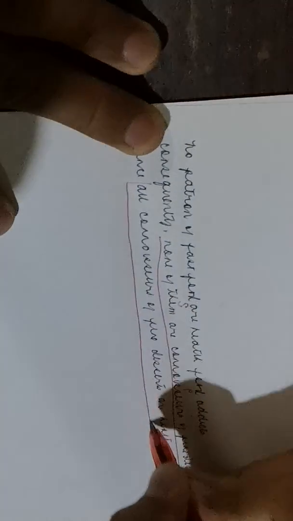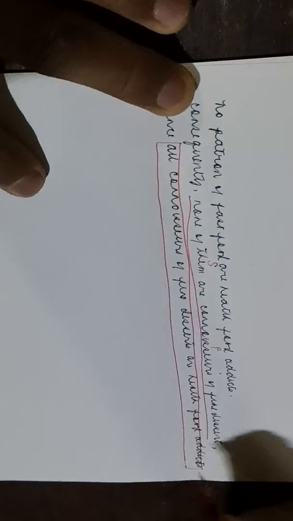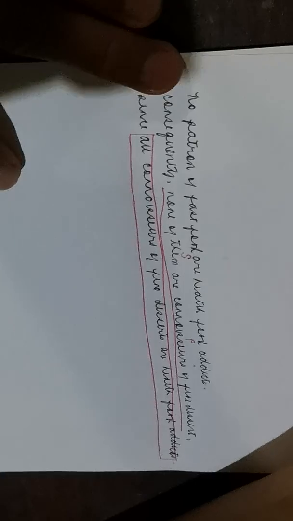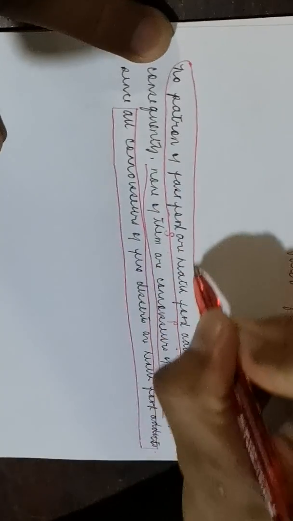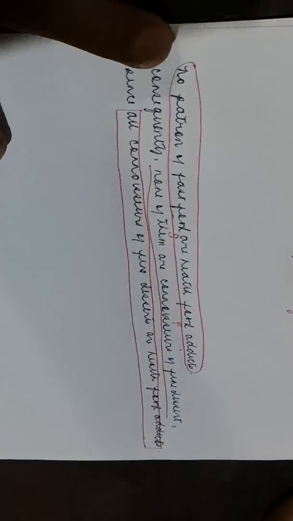So our major premise should be all connoisseurs of fine desserts are health food addicts. Okay? Our minor premise is no patron of fast food are health food addicts. Okay, clear?